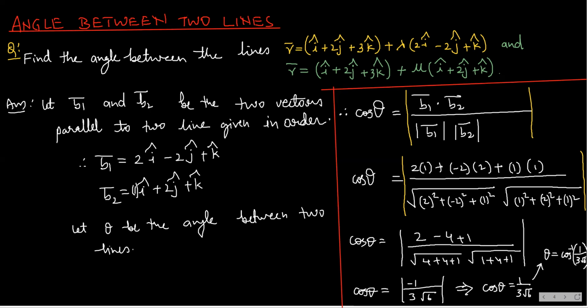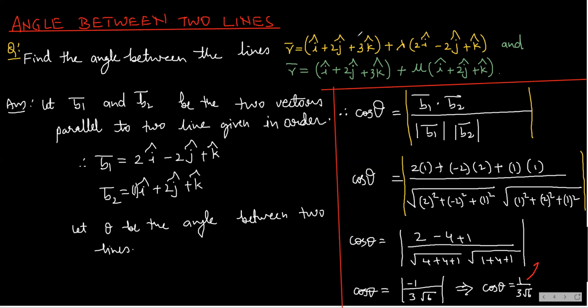The reason being, you're not expected to write the final answer in degree or radian. If they want it that way, they would definitely ask you to get one. But nothing has been mentioned.